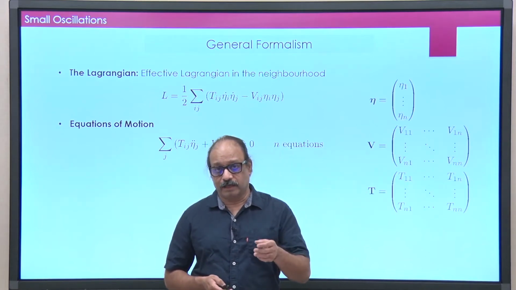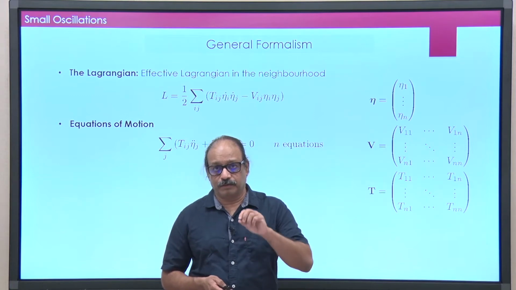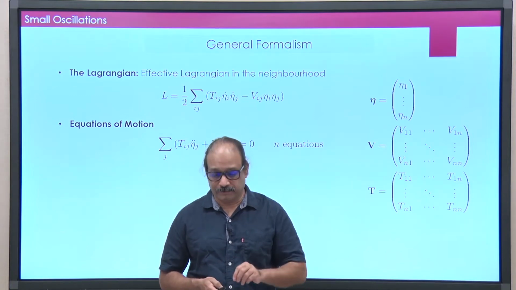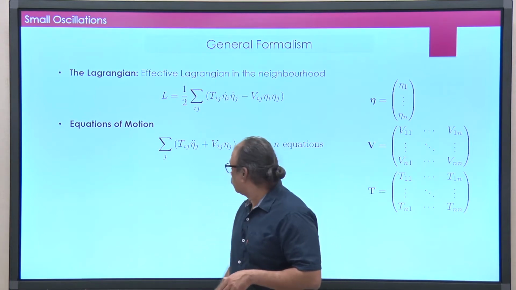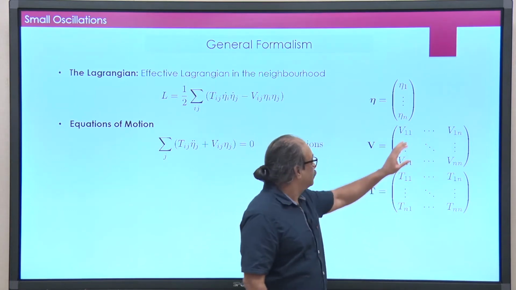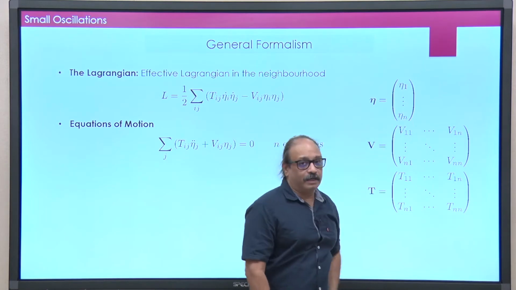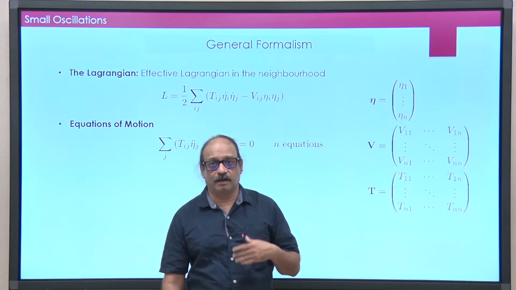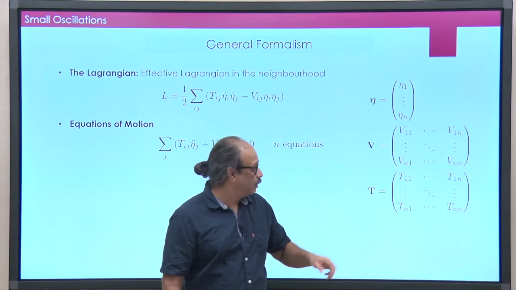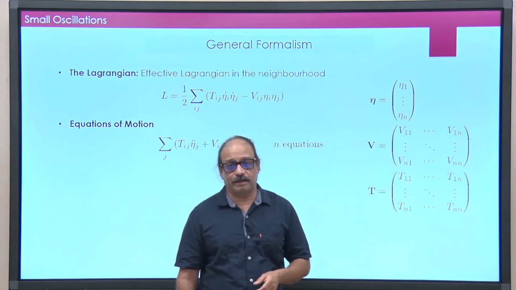To do that, the first thing we did was to put these etas in a matrix form. In the matrix form, you get eta_1 to eta_n, all these components put in a column matrix. V of course has a natural matrix form, which is n by n, and T also has a natural matrix form.